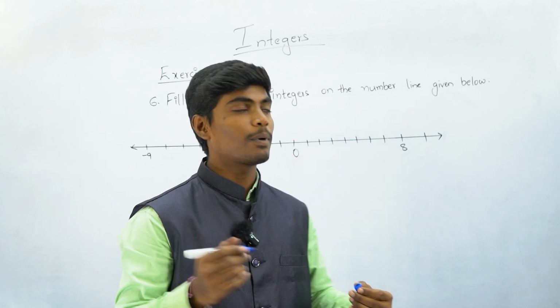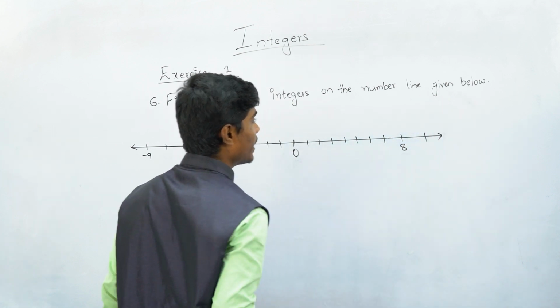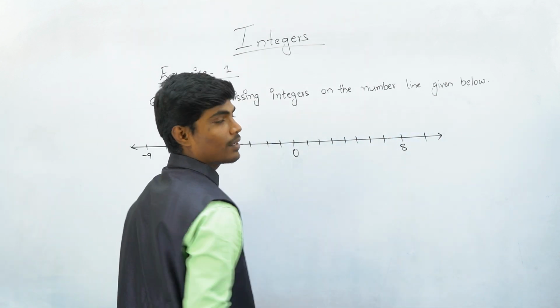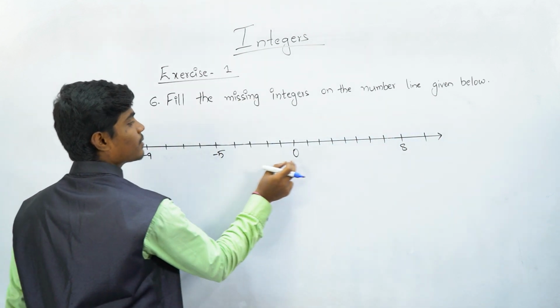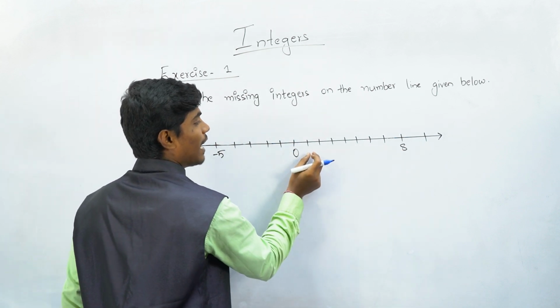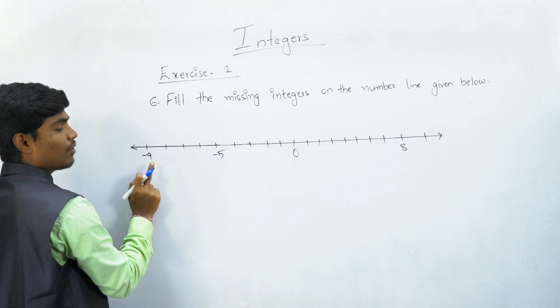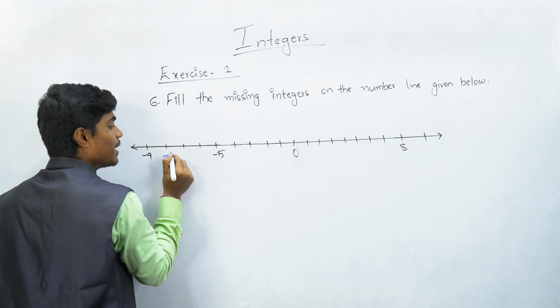Now, sixth problem. Fill the missing integers on the number line given below. Here, he gave a number line with some integers and left some blanks. We have to fill these blanks in the number line. Minus 9. After minus 9, we get minus 8.